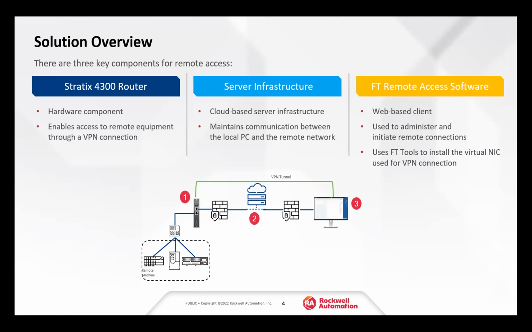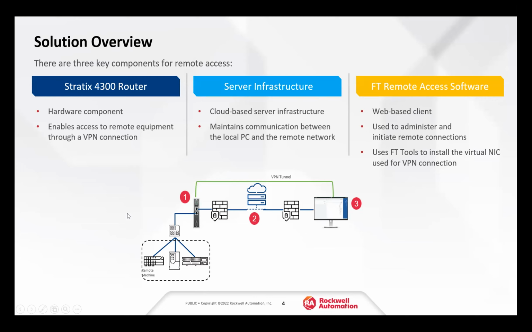For the solution that Rockwell is offering, there's actually three pieces to this. There are three components. You have the Stratix 4300 router. You have the server infrastructure. You have the FactoryTalk remote access software.